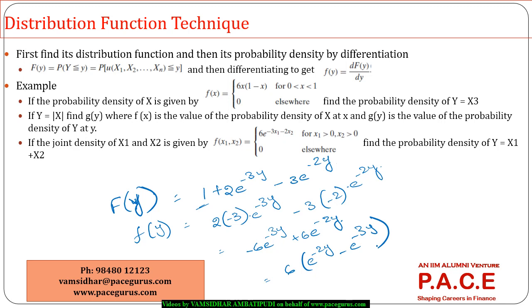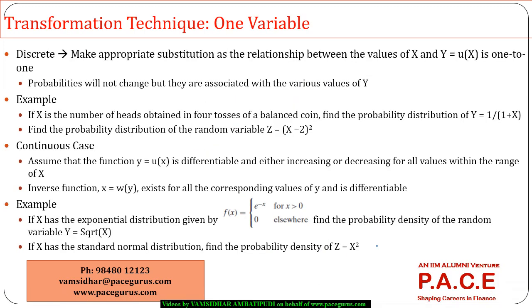Alright, now we'll move on to the next technique, which is the transformation technique. Initially we'll go with one variable transformation, then we will also look at examples of multivariable transformations as well. Now in this, when I look at a discrete distribution, it's not a big problem.